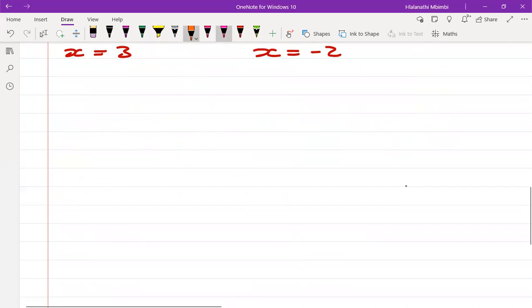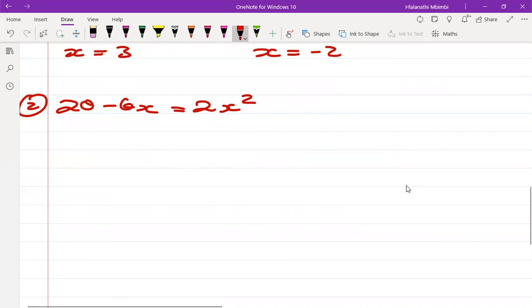Okay, cool. Second problem. We have 20 minus 6x is equal to 2x squared. In this problem, our objective is to ensure that the right-hand side is 0. We can do that by thinking about it this way.